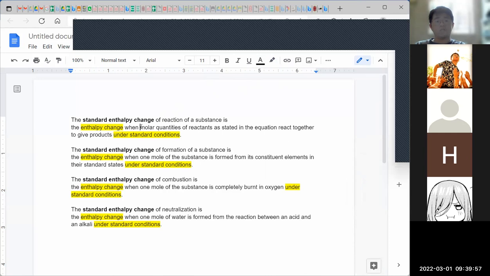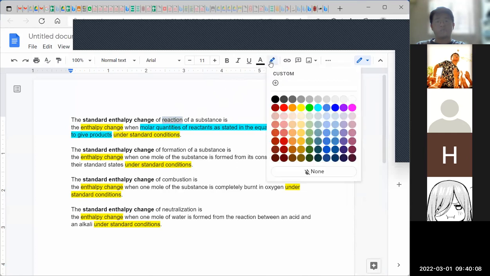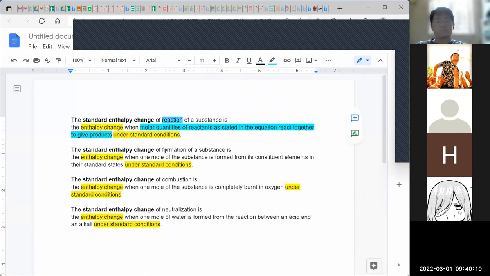The difference is inside this sentence. This sentence will tell you this should be in line with this statement's reaction. Formation of a substance, and 1 mole of something is formed considering standard states.